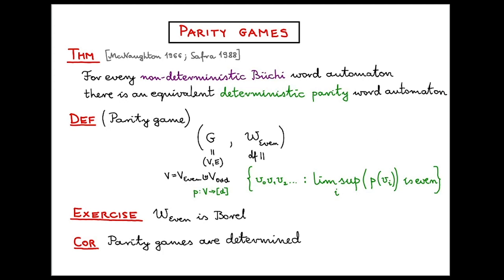But wait a minute. Why did we start talking about parity games at all? Well, here is one answer. In 1966, McNaughton proved this very influential result, that every non-deterministic Büchi word automaton can be determinized.